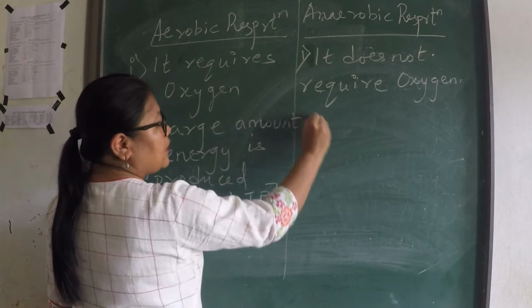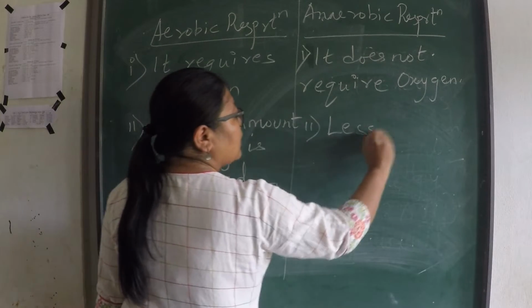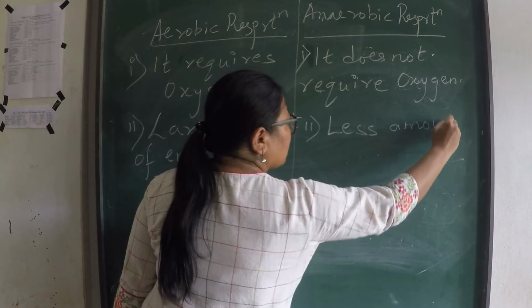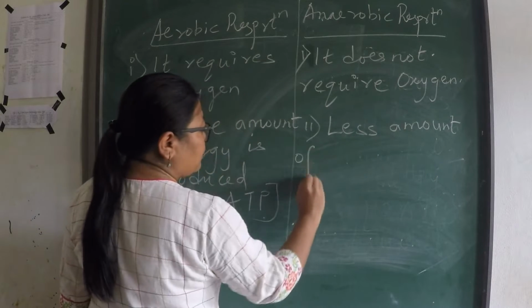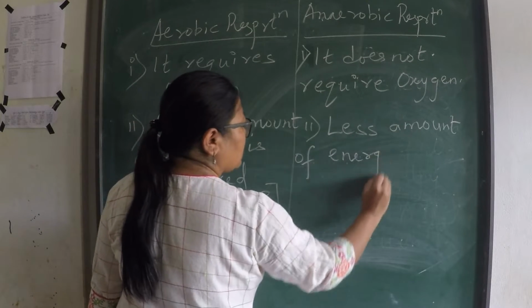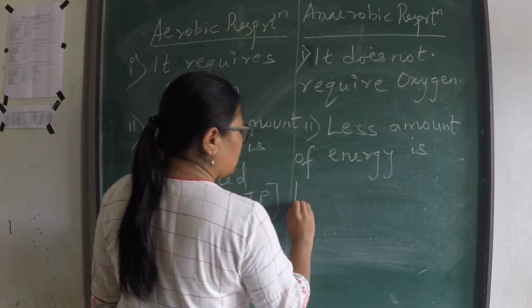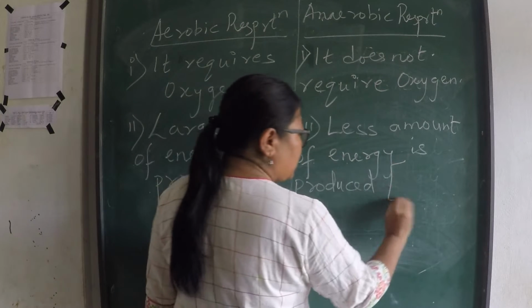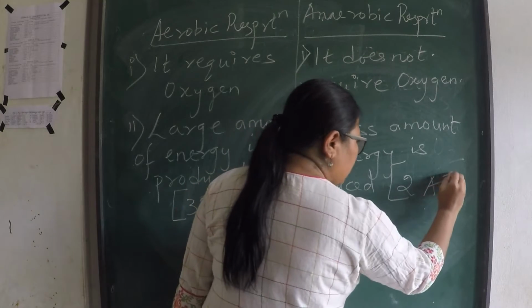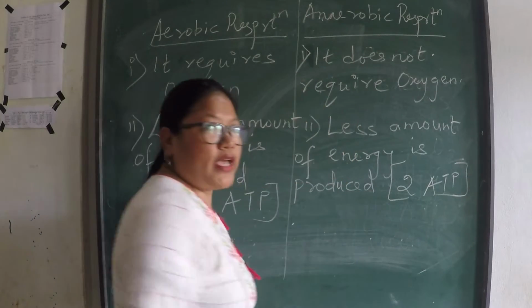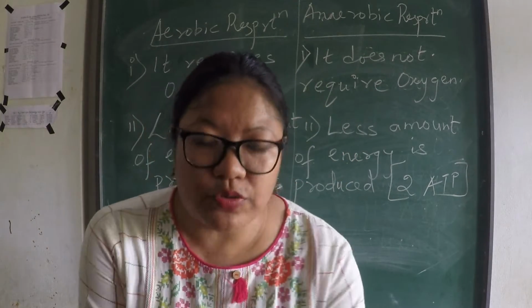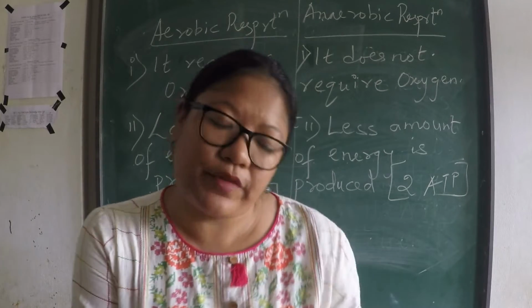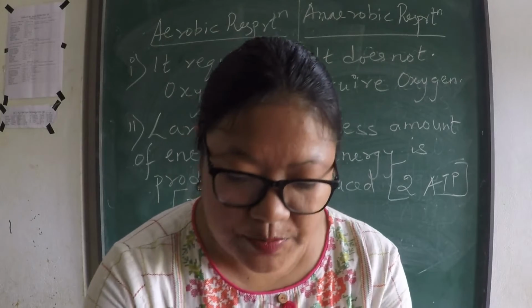And of course here it will be less amount of energy is produced. And how much energy? Only 2 ATP. So this is the second difference that we get between aerobic and anaerobic respiration.